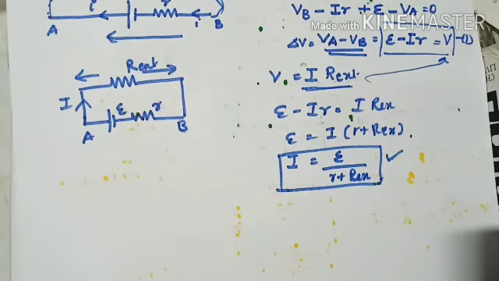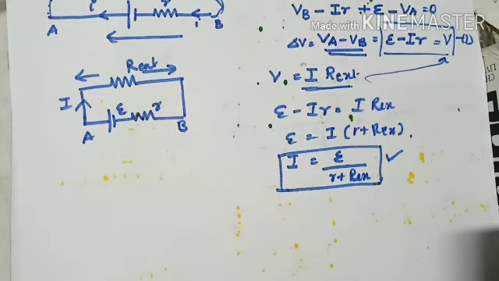Now you have to deal with Wheatstone's bridge. I just told how to do a Wheatstone's bridge type of circuit, but how this balancing comes up will be dealt with only after Kirchhoff's voltage rule is taught. This much clear?